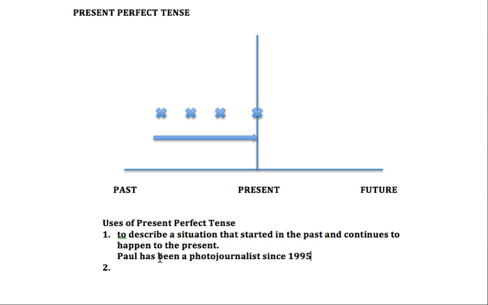So if we study this example and match it to the graph here, we can say that this is 1995, where Paul started working as a photojournalist, and Paul has been working until the present day, so until today. So we say Paul has been a photojournalist since 1995, and today when we are talking about Paul, he is still a photojournalist. So Paul has been a photojournalist since 1995.